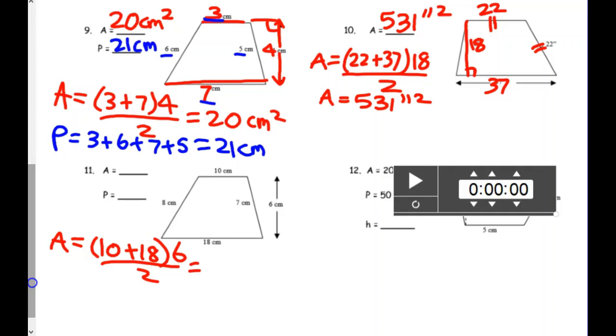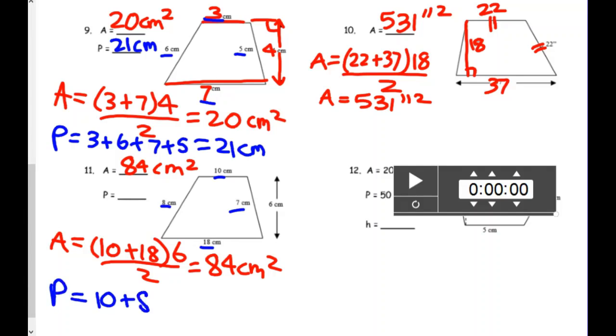Y'all should check that real quick. 84 centimeters squared. Now, what about perimeter? What do y'all think? Did y'all get 43? Yeah? All right, 43 what? Centimeters.